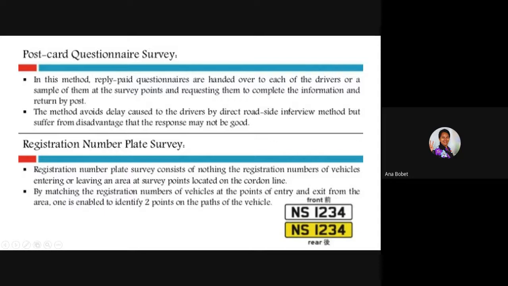Pero for most of those who can really do survey online, they are required to do postcard questionnaire survey or online survey.